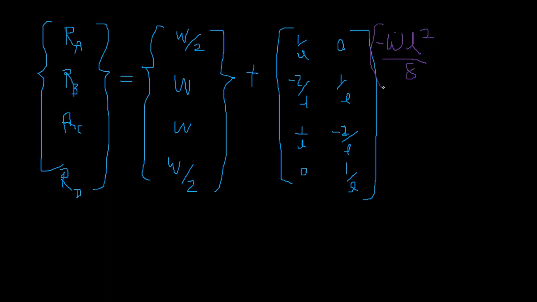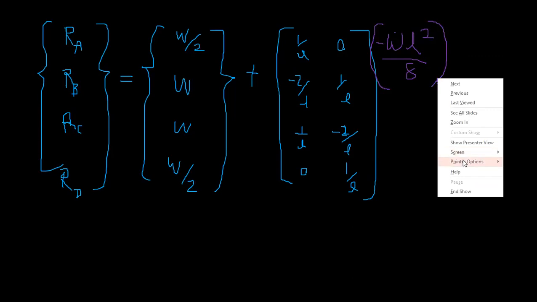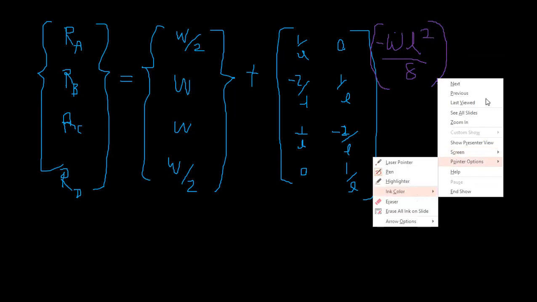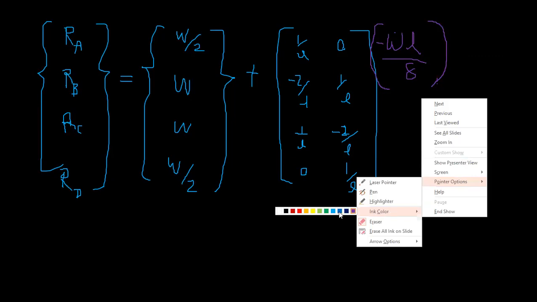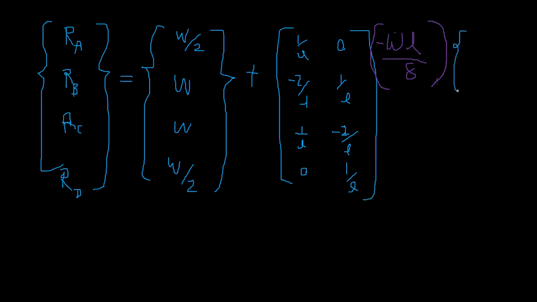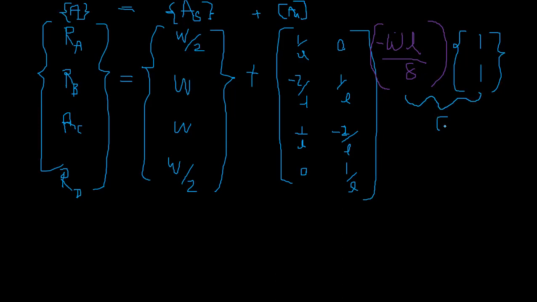WL over 8, sorry. So how did this came, right? You know, this is action matrix. This is actions in the primary structure. Same way we took the displacement, right? Action unit matrix. And this is force matrix.